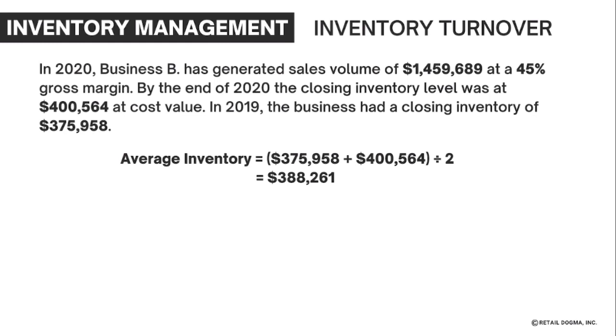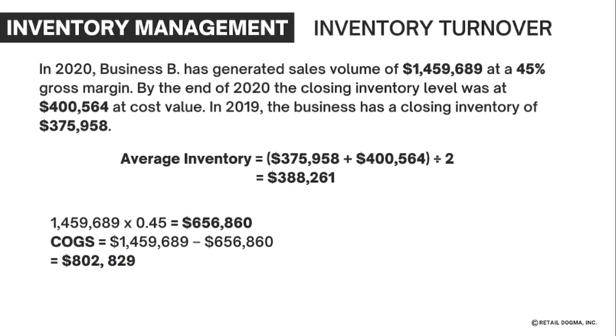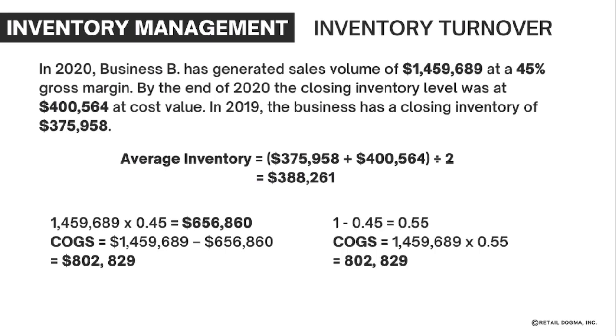$388,261. To get COGS, we multiply sales by 45% to get the gross profit, and then minus that amount from sales to get the cost. Or take the shortcut that we explained before and multiply sales by 55%, which is 1 minus 45% margin. Actually, let's do it both ways.